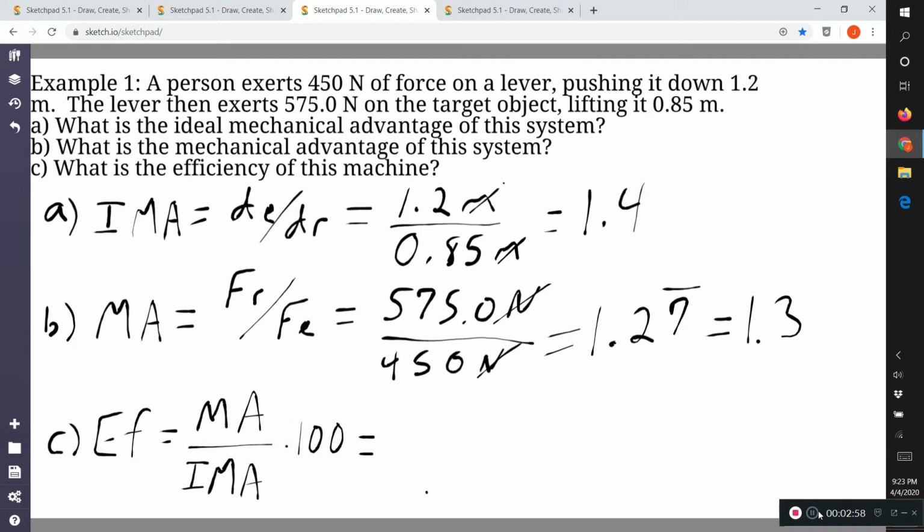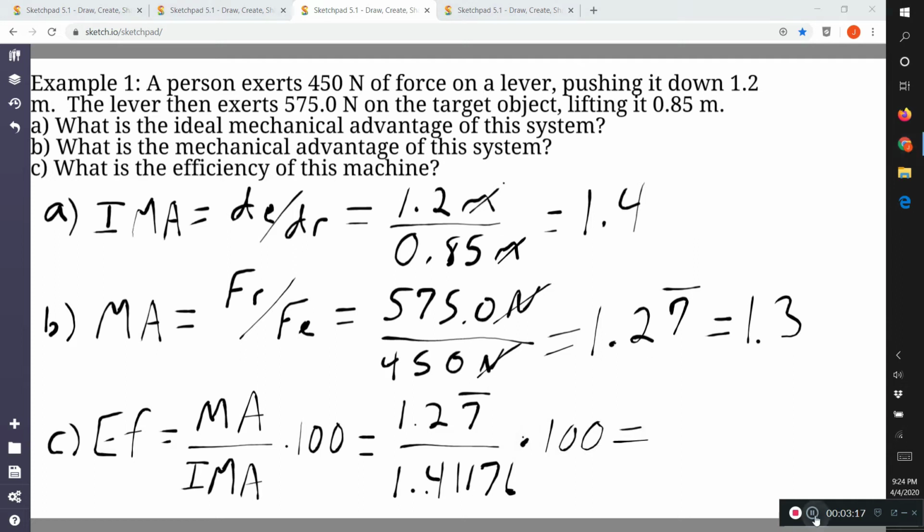So in this scenario, I'm going to have 1.27 repeating divided by 1.41176, basically the unrounded version from part A, multiplied by 100, and we get, as a percentage, to 2 sig figs, which is what we're restricted to, 91% efficient.